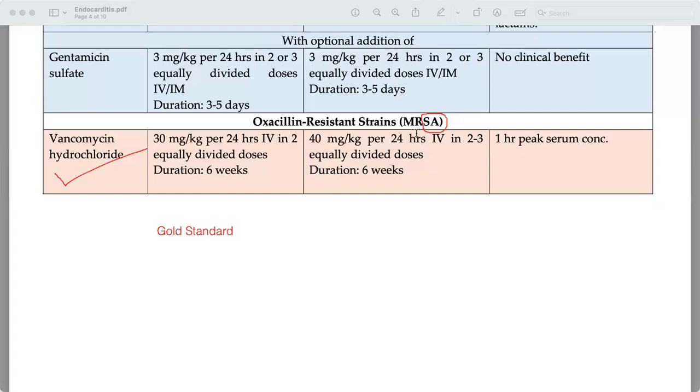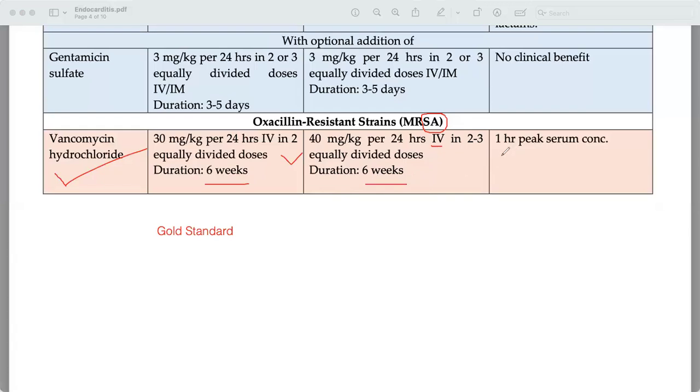We can say MRSA, methicillin resistant Staphylococcus aureus, the bacteria which is not able to be killed by the nafcillin or oxacillin. The adult dose is 30 milligram per kg per 24 hours intravenous in two equally divided doses. Duration is 6 weeks, and for pediatric dose 40 milligram per kg per 24 hours intravenous in 2 to 3 equally divided doses. Duration is 6 weeks.